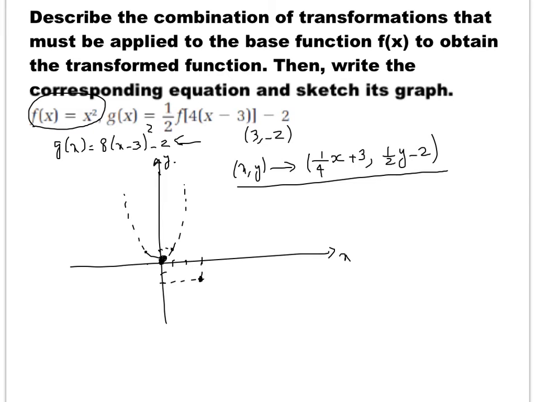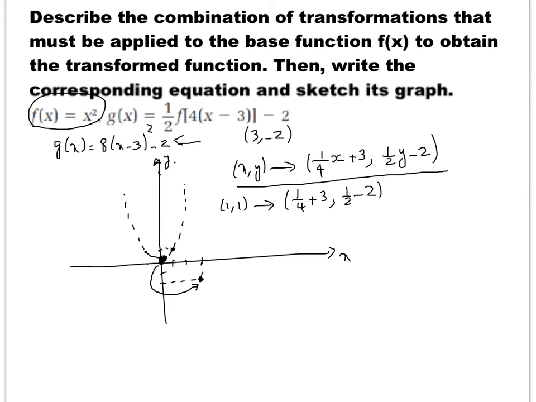So the vertex is transformed to this point, which is correct. Now let's pick another point, let's say 1 and 1. So 1 and 1 becomes 1 over 4 times 1, which is 1 over 4, plus 3, comma, 1 over 2 times 1, which is 1 over 2, minus 2.